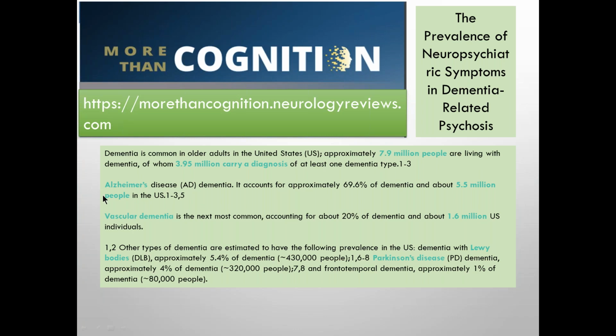So just Alzheimer's, 5.5 million. Vascular dementia, which is what Biden has, by the way. It is dementia based on vessels and what is circulating, fluids that are circulating through your body and your brain. 1.6 million. Other types, Parkinson's dementia.